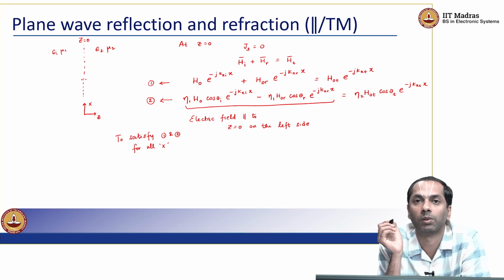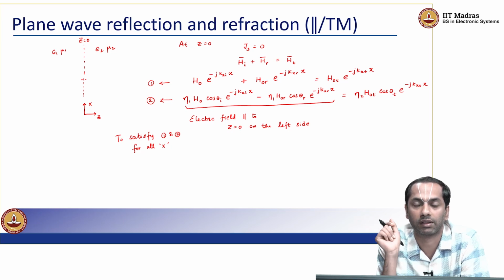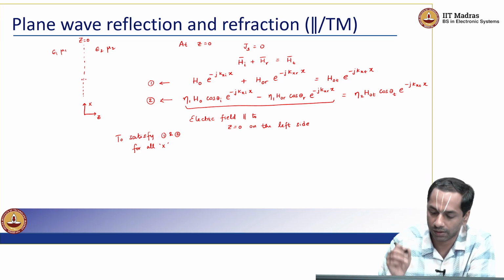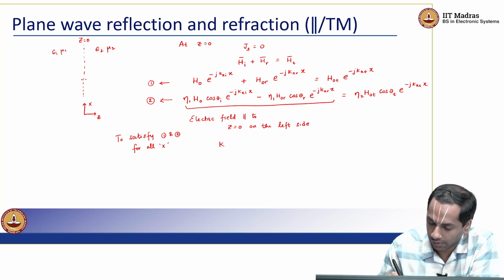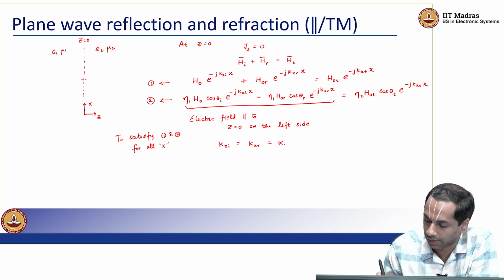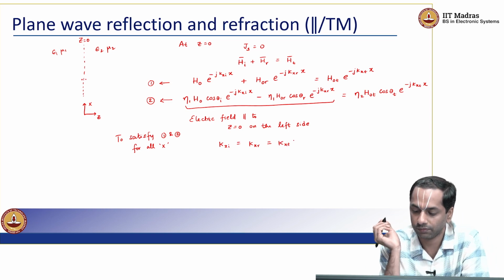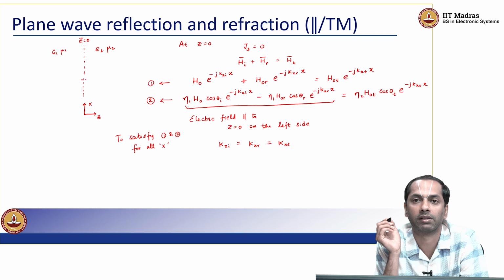remember that there is a e to the minus j kx x form for each of the three components, incident, reflected and the transmitted beam. And if this has to be equal for all x's, regardless, then what can I say? kxi has to be equal to kxr has to be equal to kxt. That is the only way you can match this for any x.